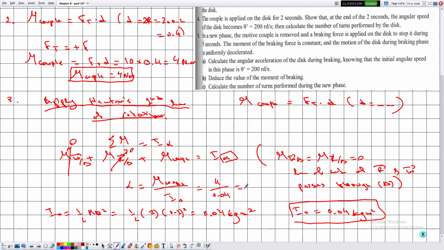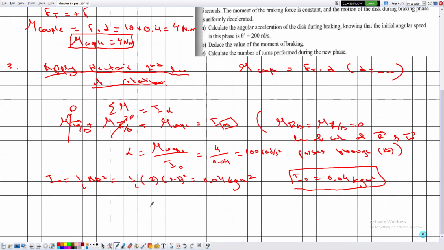Now 4 divided by the answer is given by 100, since everything is in the SI. So the value of alpha will be expressed in the SI, which is radians per second square. So the angular acceleration of the disk is given by 100 radians per second square, which is somehow fast. And indeed it is a constant, so verified.